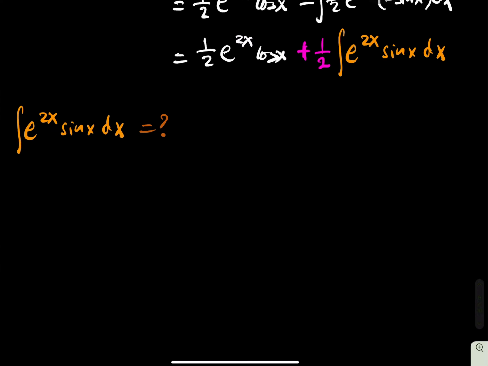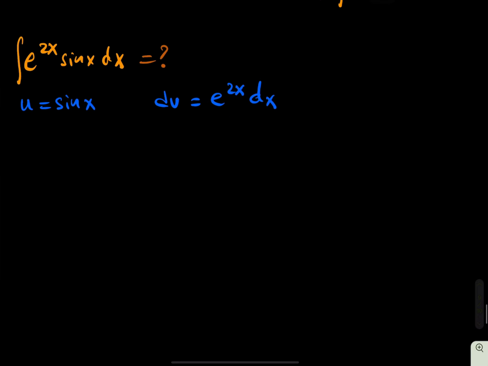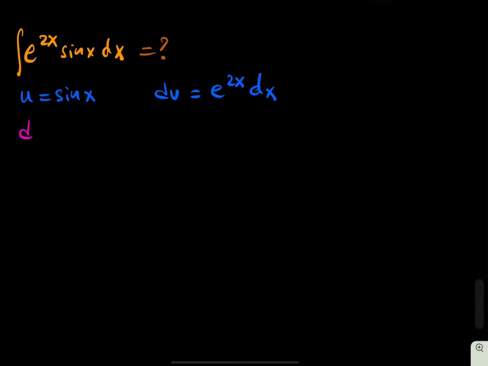We are going to use by parts again to say that our u this time around is sine x and dv is equal to e to the power 2x dx. Now you're going to get du is equal to cos x dx, and v is going to be 1 over 2 e to the power 2x.